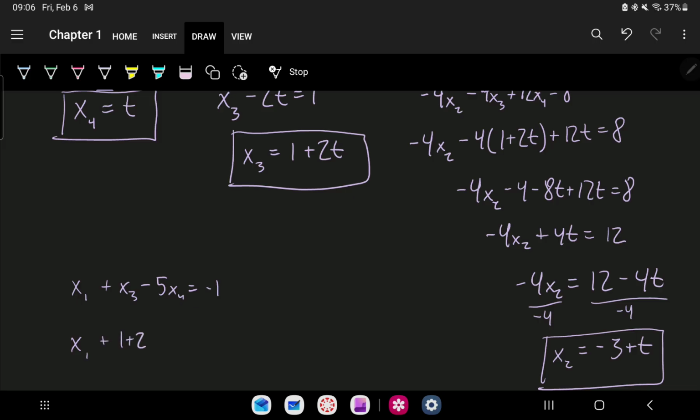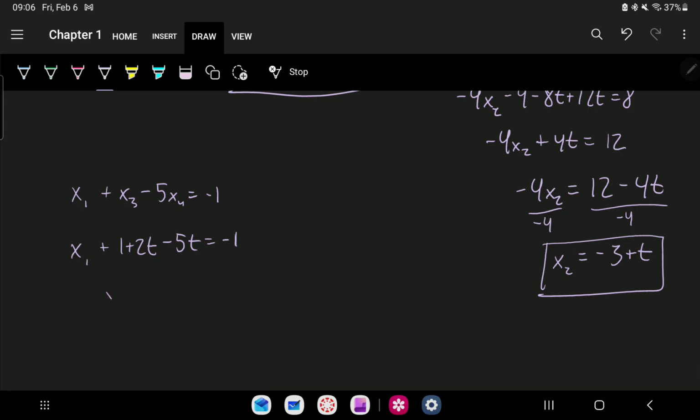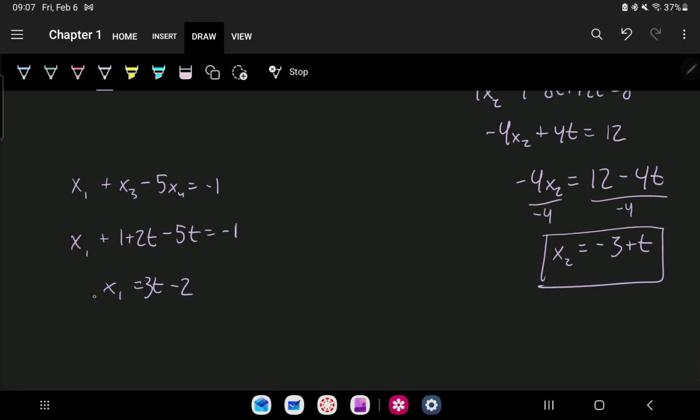It's 1 plus 2t minus 5t equals negative 1. Subtracting that will give me a negative 2 on this side. Negative 3 will add to a 3t. x1 equals 3t minus 2. Does that make sense? Yes, it does. Okay.